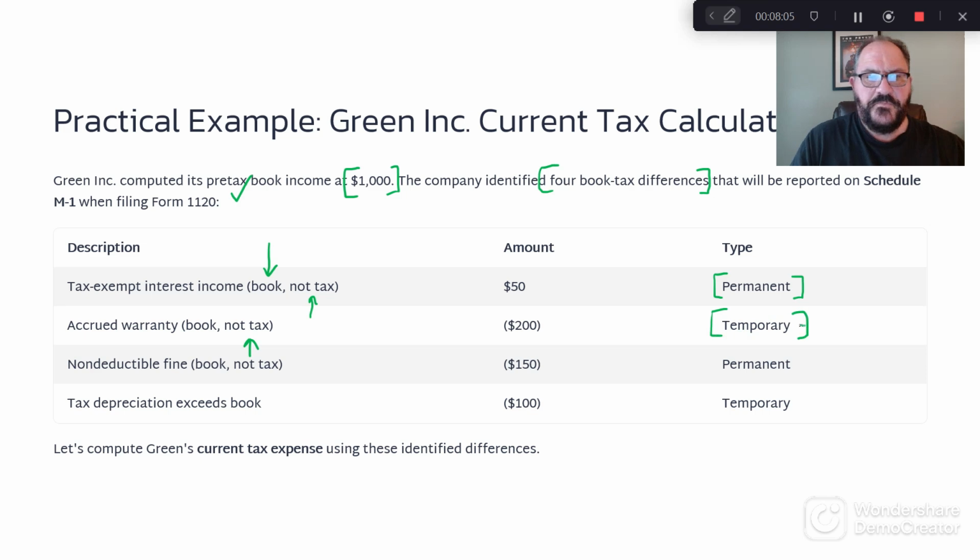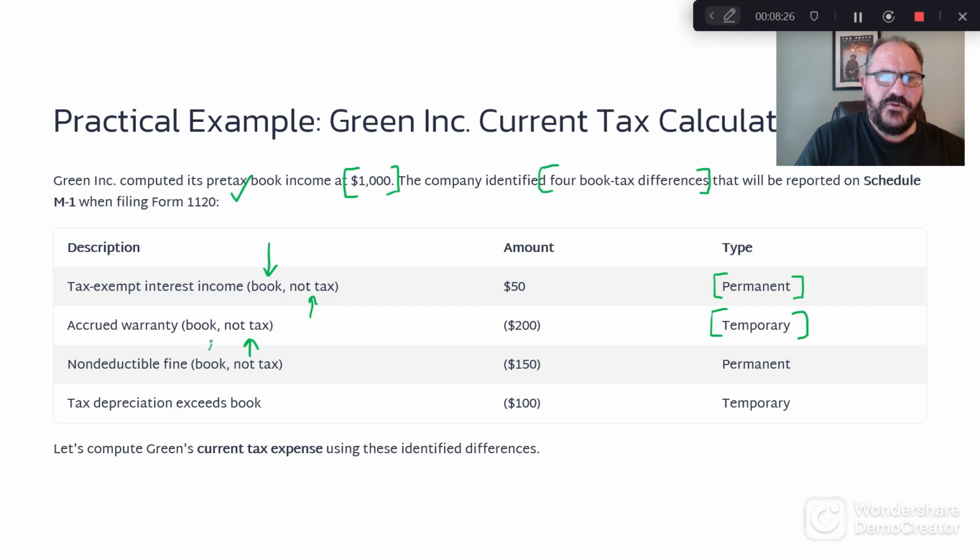So accrued warranty. You know how you have to do an estimated warranty expense? The tax people don't care about your estimate. They want to know what you actually spent, not what you think you're going to spend. And then they had a non-deductible fine.